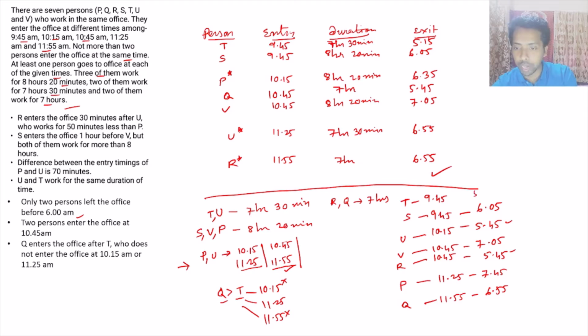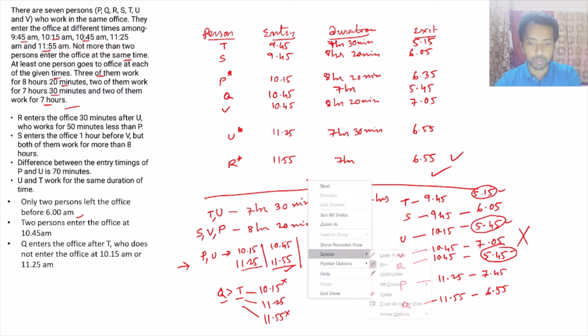Here again 5:15 will come. Already 5:45 is there twice, and 5:15 is one more. That means more than two persons left the office before 6 a.m. This condition is violated: this is 1 before 6, this is 1 before 6, this is 1 before 6. So this is not the correct possibility. Only the first one is correct. Now just solve the respective questions here.